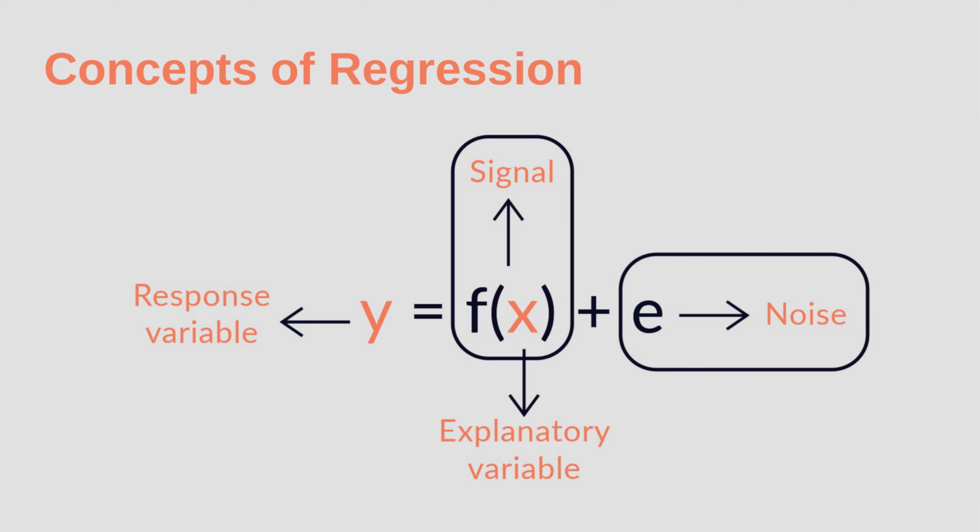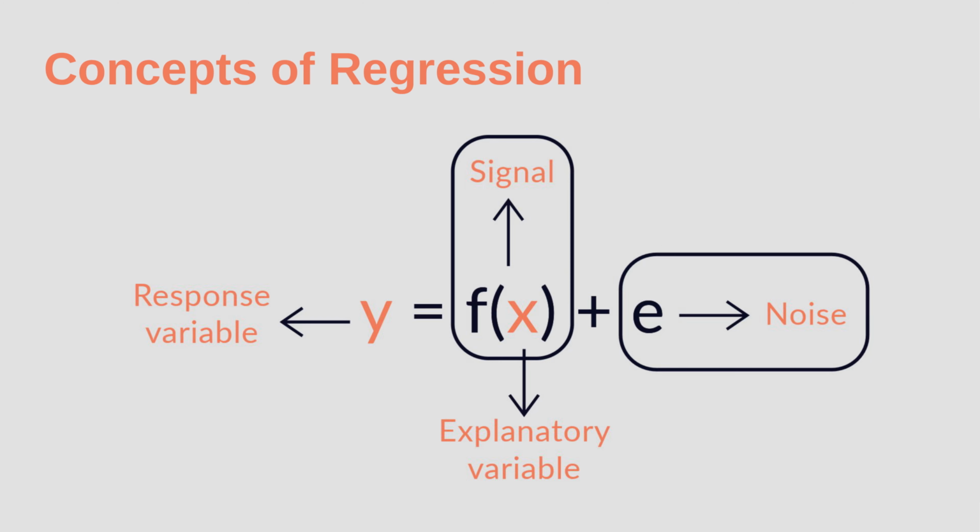Now let's look at a general modeling formula. In this formula, y is a function of x. Y is called the response variable, and x is called an explanatory variable. Y is a variable that you want to model, and x is a variable that you use to predict the values of y.